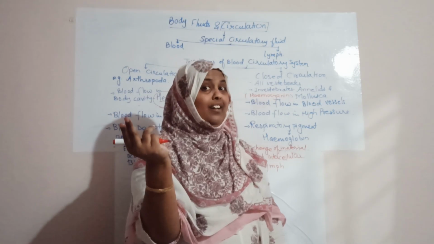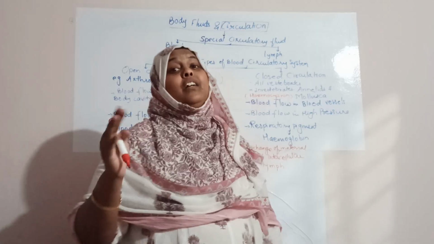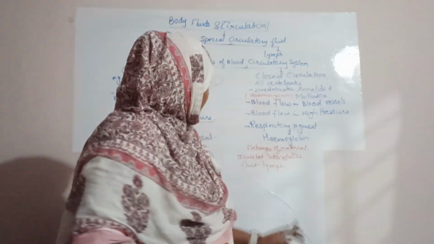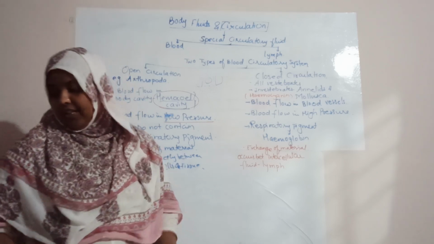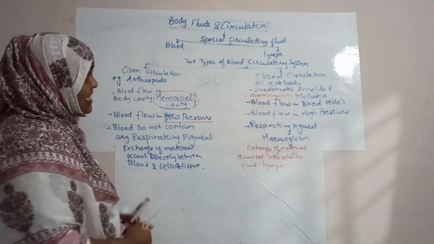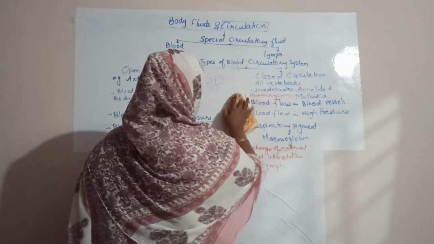That's why in mollusca we see blue blood. Up to here, do you understand? Next, we study that the closed circulatory system is divided into two types.